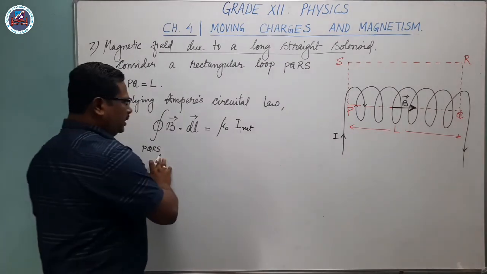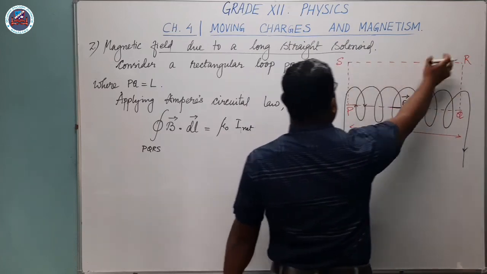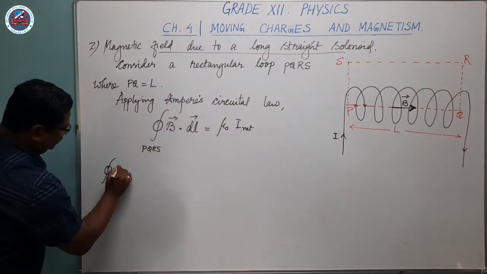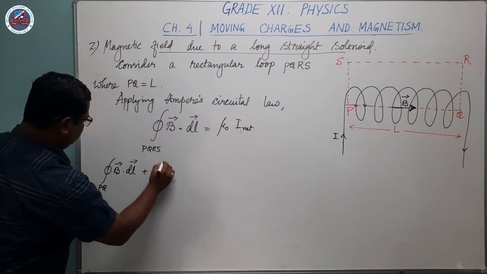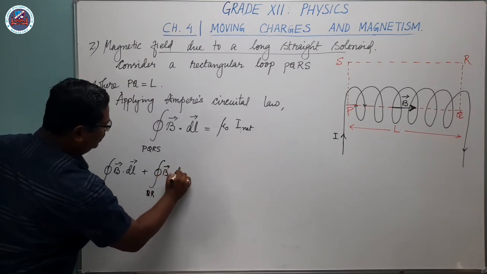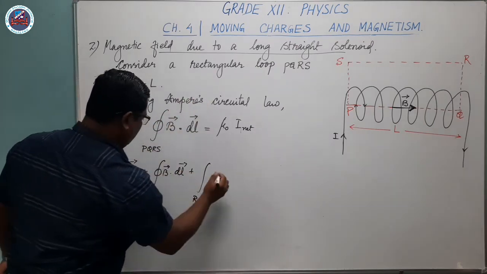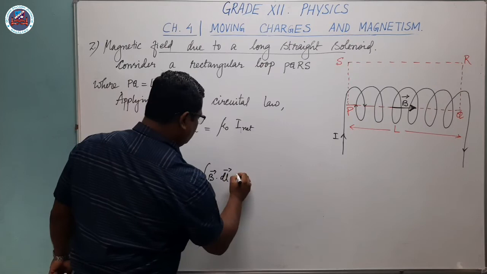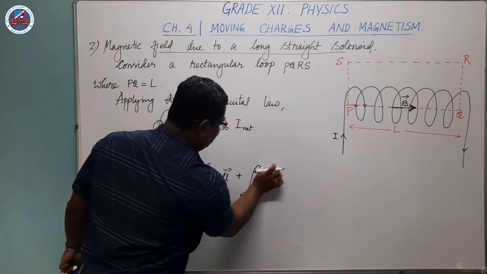Then here this PQRS we will divide into four different parts: PQ, QR, RS, SP. This way you can divide it. B dot dl along PQ, then plus QR B dot dl, plus RS B dot dl, then SP B dot dl.